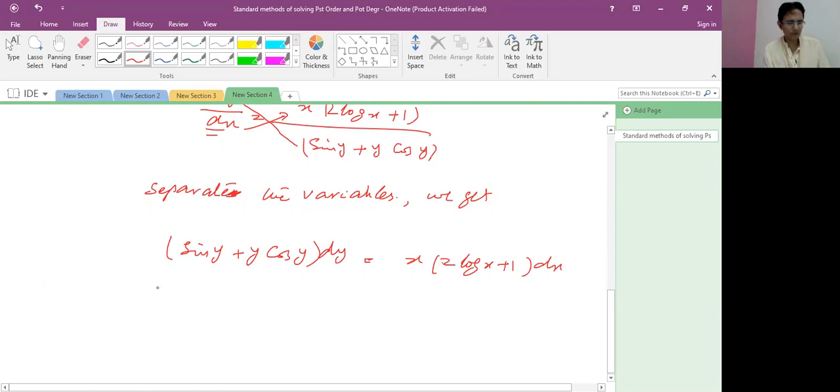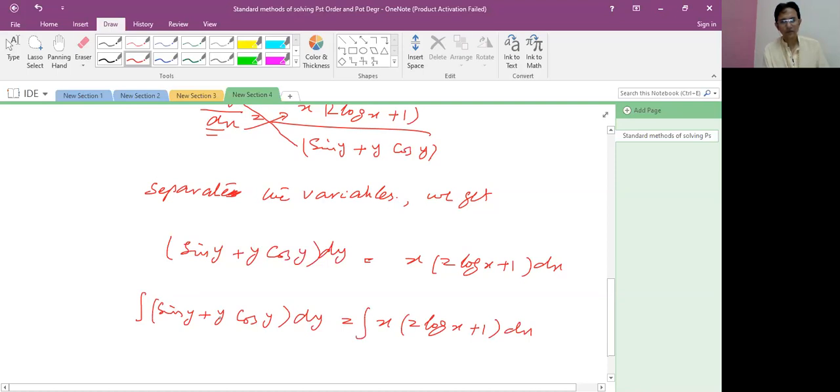Taking the integral sign on both sides, but we do not integrate yet, we are only applying the integral sign.